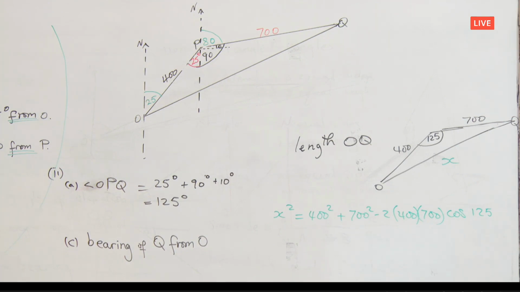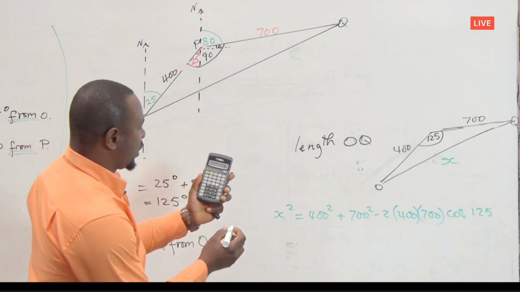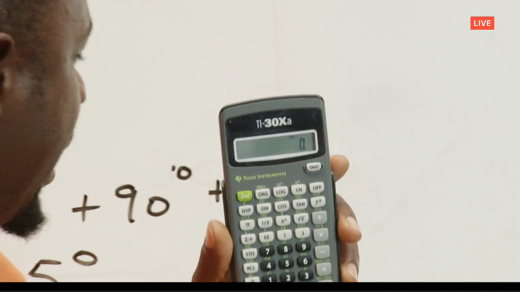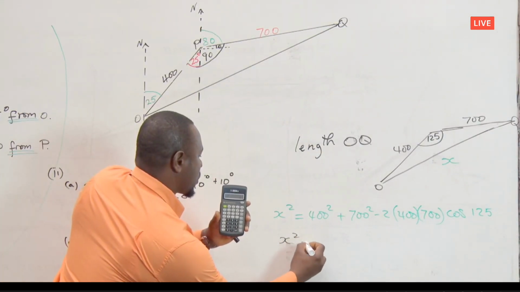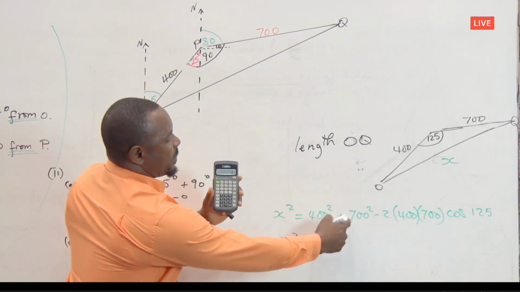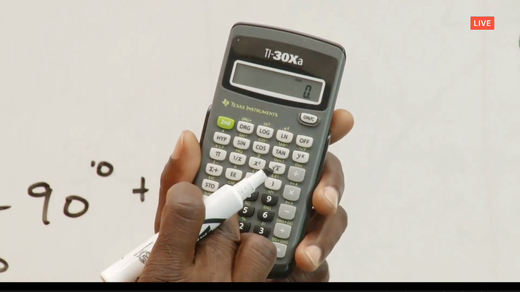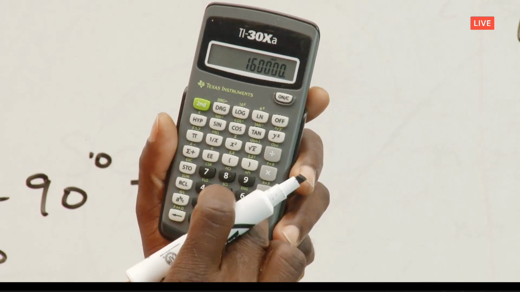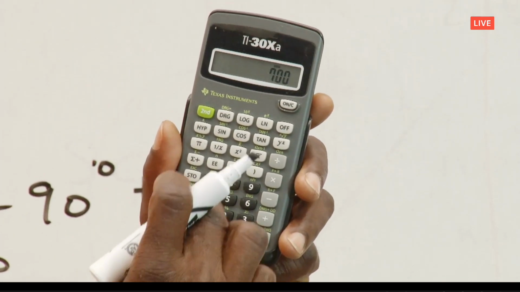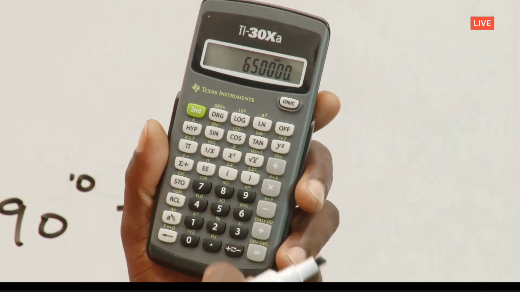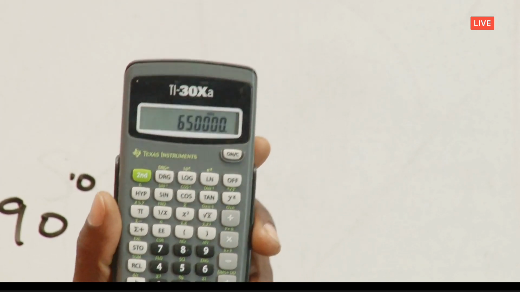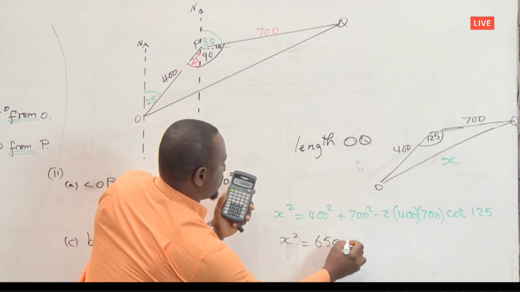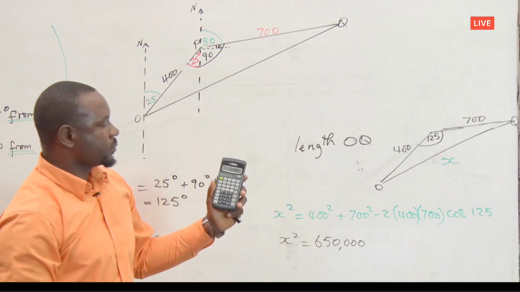Ready? Okay, so let's see what's happening. Just make sure that you have your scientific calculator. So x squared: 400 squared plus 700 squared. Let's just put that in. 400 squared plus 700 squared equals, that gives me 650,000.